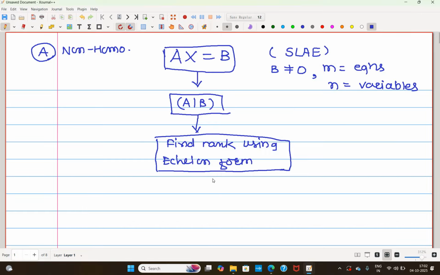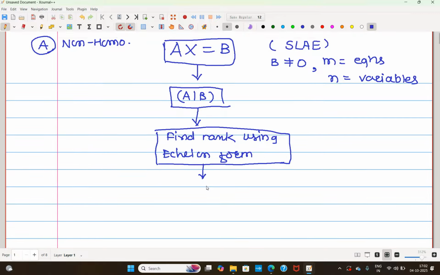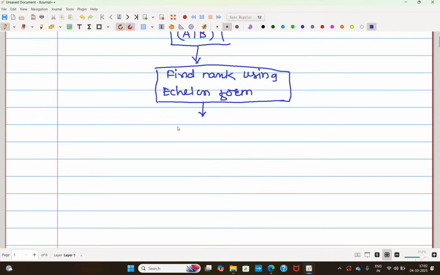So finding the rank by using echelon form gives us further insights about our system. So what you are finding here is rank of A, right, and rank of AB. Once you have it, you have two different options from here.